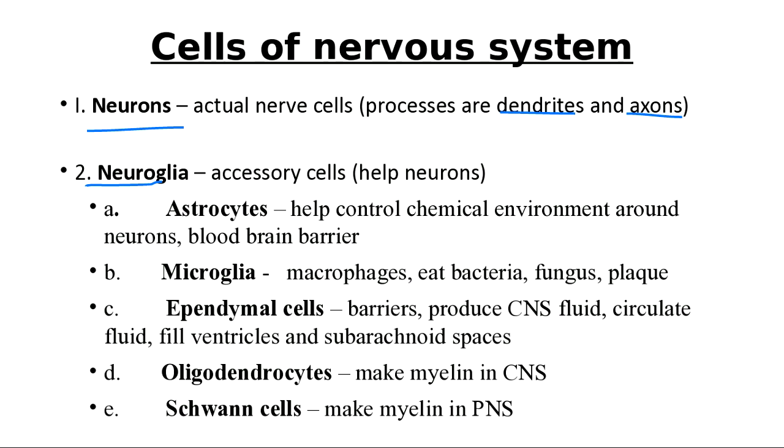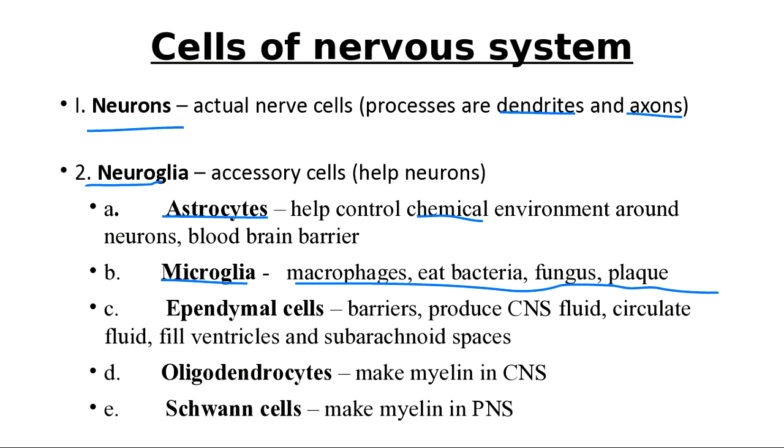Astrocytes help control the chemical environment around the neurons. And they also create the blood-brain barrier, keeping things out that don't need to be in the brain. Microglial cells are your macrophages of the brain that eat any kind of trash in the brain that needs to go.